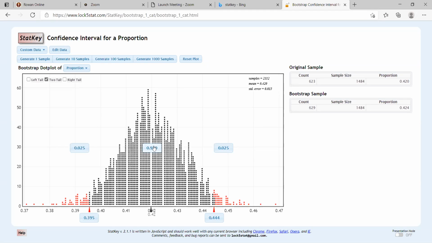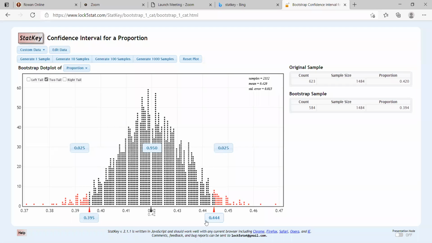So if there's 2006 black dots, that must mean there's 96 red dots. All right, everybody clear on that? So what we've done here through computer simulation is we've come up with a 95% confidence interval, and it's from 0.395 to 0.444.